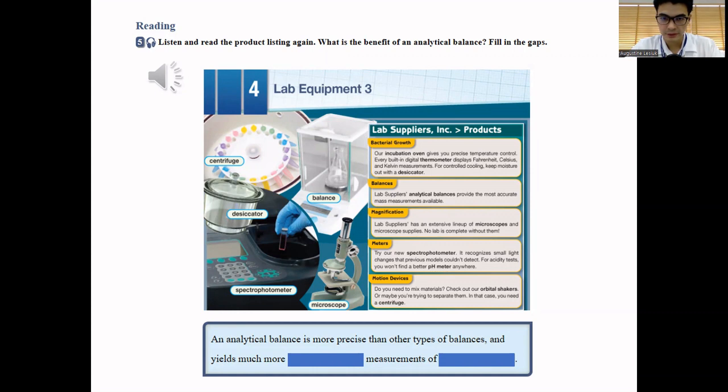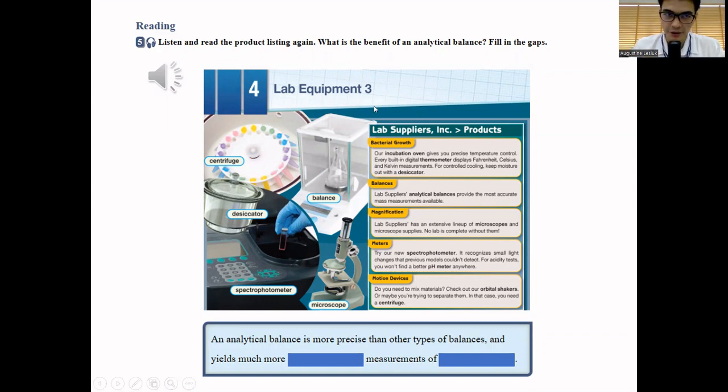Magnification. Lab Suppliers has an extensive lineup of microscopes and microscope supplies. No lab is complete without them. Meters. Try our new spectrophotometer. It recognizes small light changes that previous models couldn't detect. For acidity tests, you won't find a better pH meter anywhere. Motion devices. Do you need to mix materials? Check out our orbital shakers. Or maybe you're trying to separate them. In that case, you need a centrifuge.